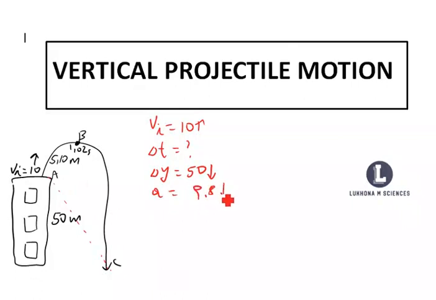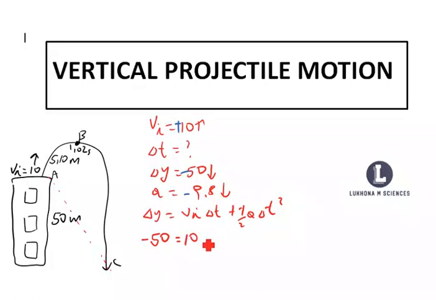So we can use formula number 3, delta y equals initial velocity times delta t plus 1/2 a delta t squared. Okay, so choose the direction. Upwards is taken as positive, so this one is negative and this one is negative. Now let's substitute. So delta y is negative 50. Initial velocity is positive 10.